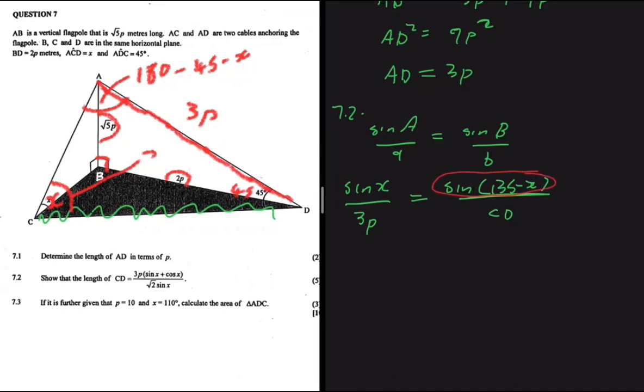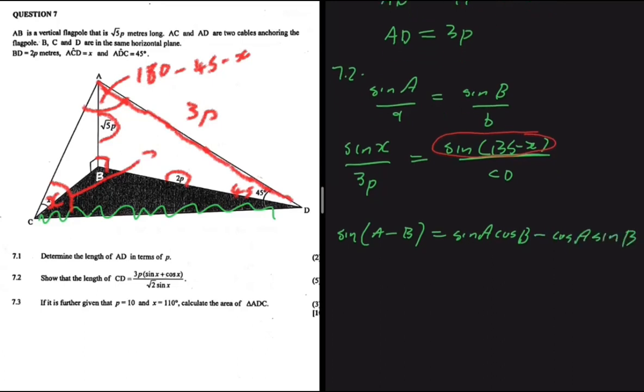But then that shouldn't be a problem, because we know that if we have sine of A minus B, this will be equals to sine of A cos of B minus cos of A sine of B, right? So we can just use that formula there to get rid of sine of 135 minus x, right?